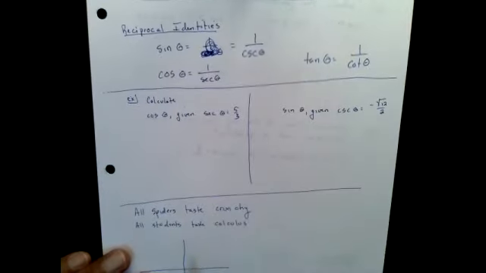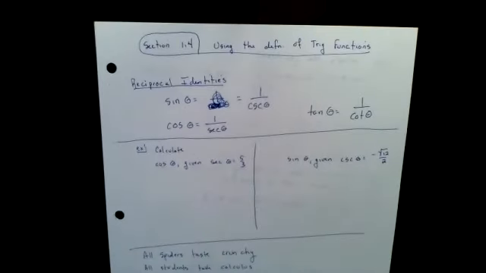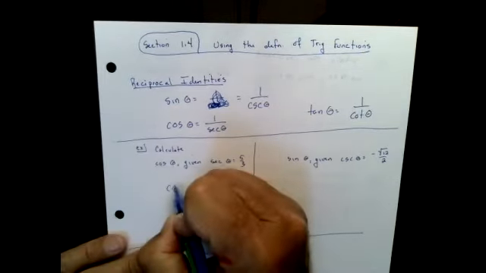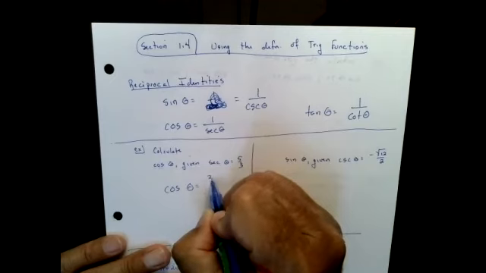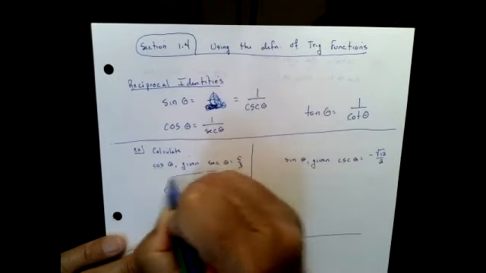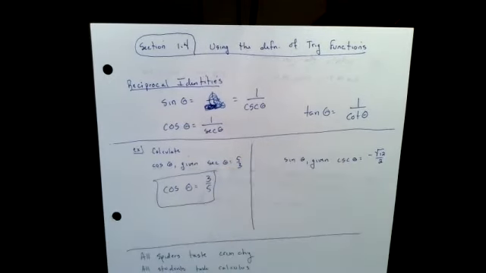Is it just 3/5? Absolutely. The cosine of theta is going to be the same as the reciprocal of the secant. So it's going to, in fact, be 3/5. Cool.